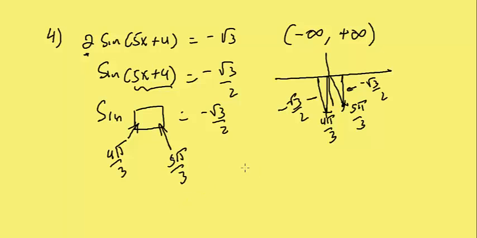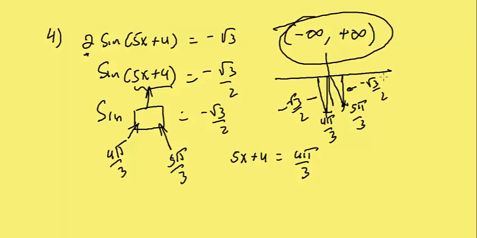Now here comes the complication. My 5x plus 4 is my box, and that has to equal 4 pi over 3. Since I'm going all the way around the circle an infinite number of times, I keep landing on that spot. So every time I go around 2 pi, I land on that spot again.